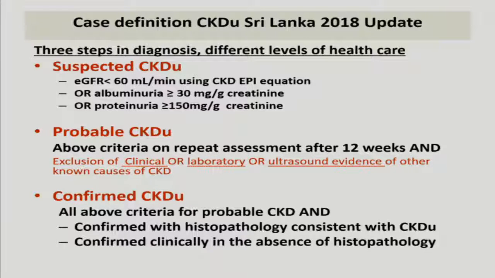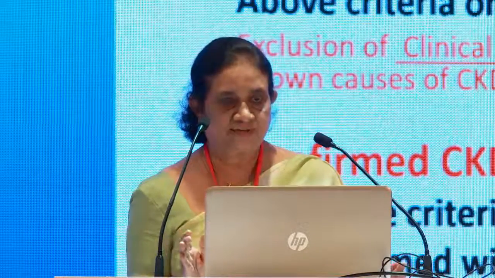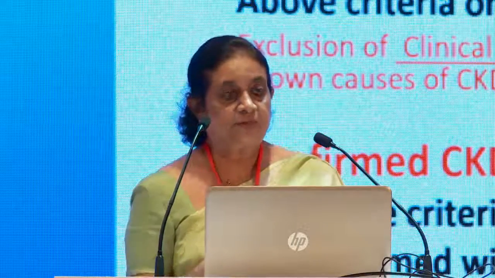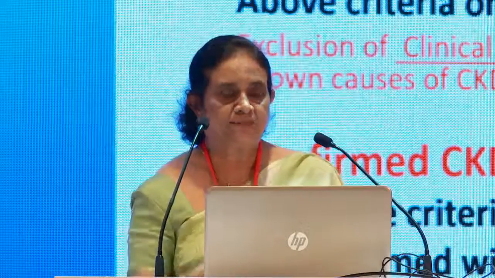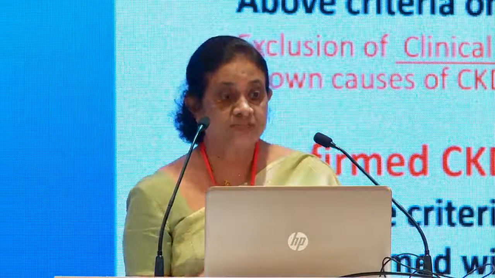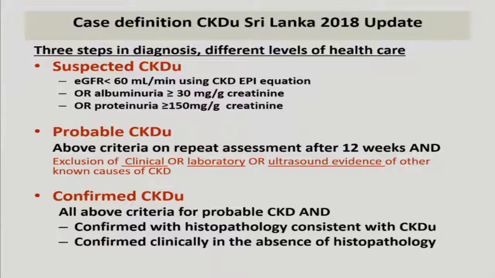So this is the new case definition of CKDu. Now, the new definition has given us 3 steps in the diagnosis at different levels of healthcare. Suspected CKDu at the field level, or maybe the district general hospital level. Probable CKDu, where you repeat the same criteria, the albuminuria and the reduced eGFR, after about 12 weeks, and you have to exclude the other causes.